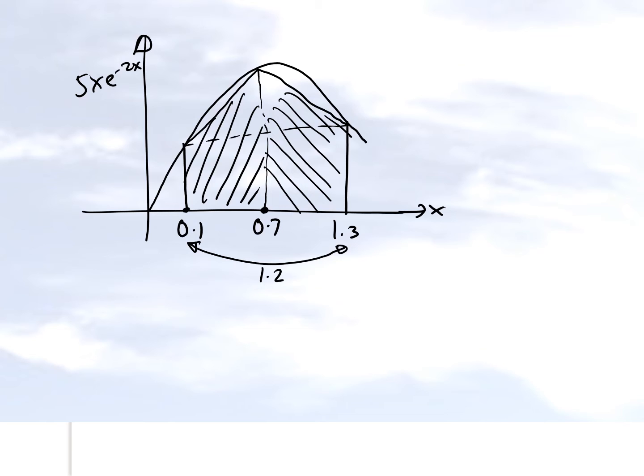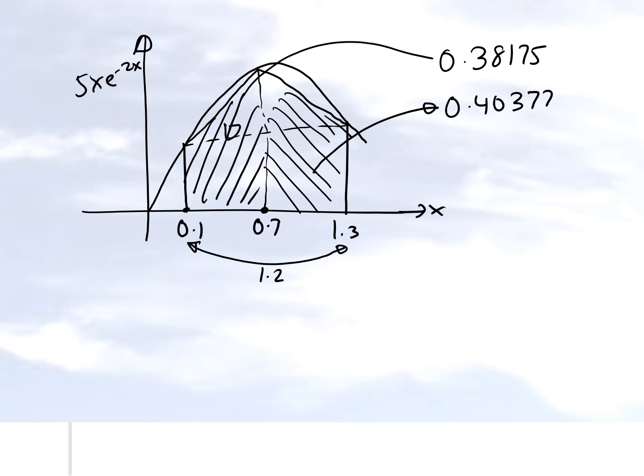And it so happens that the area of this trapezoid, which you can calculate by applying the single application trapezoidal rule, turns out to be this quantity. The area of this trapezoid is 0.4377, and if you add the two, you're going to get about 0.78552.